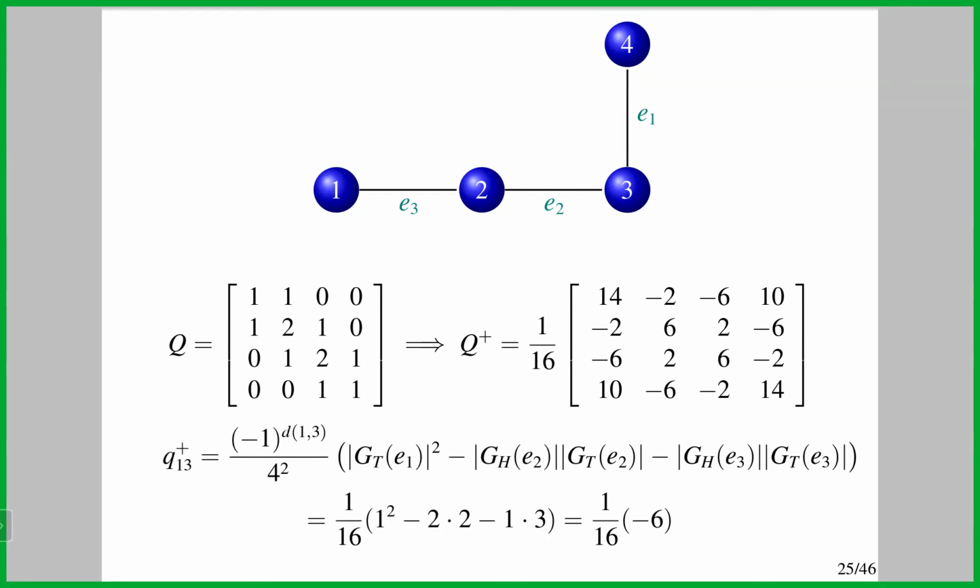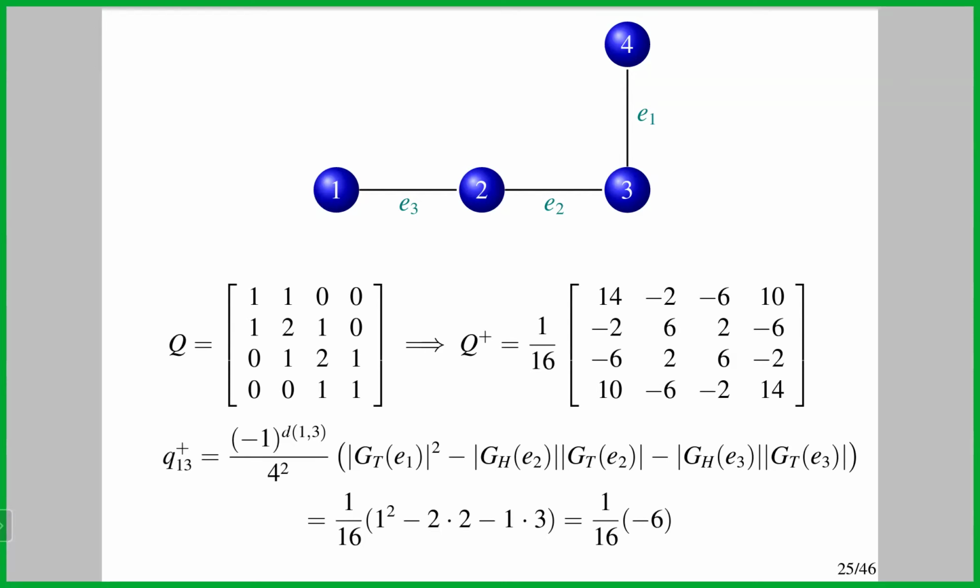If you have edge 3, 4, since 3 is less than 4, I'm calling the component with vertex 3 the tail component, and the other component, which has vertex 4, the head component. So 3 is in the tail component. Now you have to look at the head component. The head component has 1 vertex, so you have to take 1 squared.